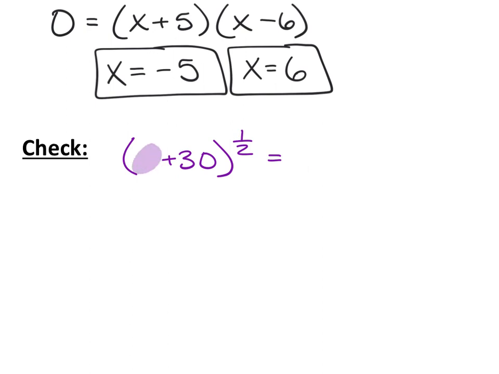What should I be filling in here and here instead of x? -5. Okay. So when you type in your calculator, -5 plus 30 raised to the 1/2 power, if that's not equal to -5, it's an extraneous solution. So go ahead, in your calculators, can you do that one for me? Let me know if it works or if it doesn't work.